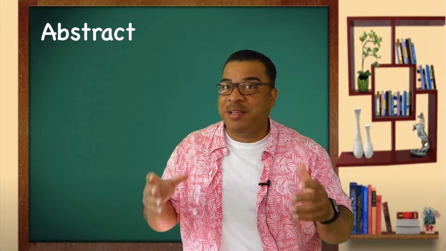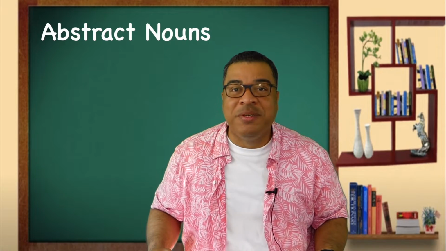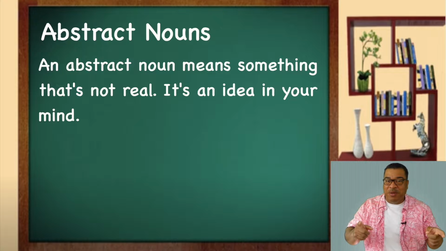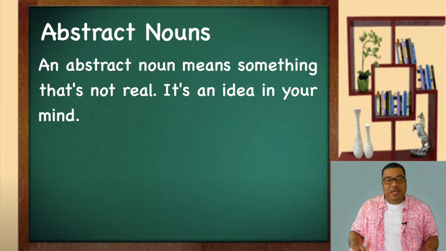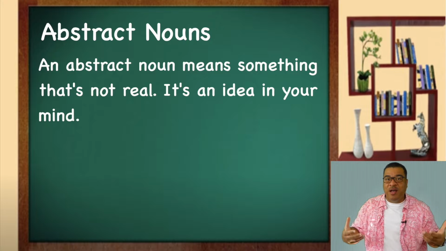Now please remember that, because now it's time to take a look at the definition of an abstract noun. An abstract noun is a noun, but it's not something real. You can't touch it, you can't see it, you can't feel it, you can't hear it. It's more of an emotion.